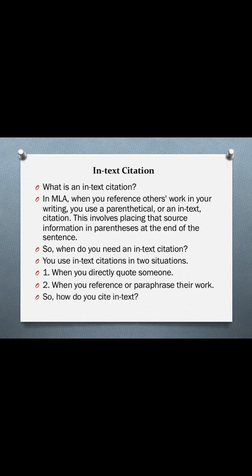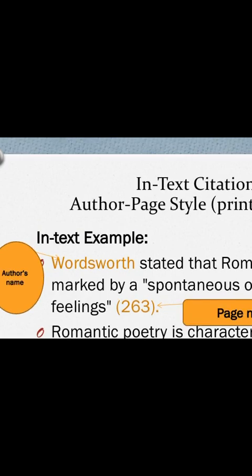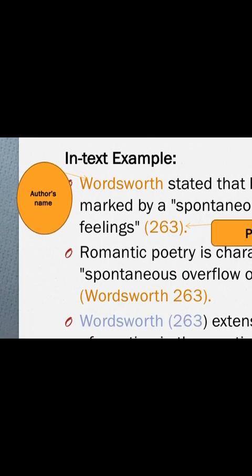So, how do you cite in text? Well, in case we have a printed source with page number and author's name, we have 3 choices to in-text citing this source. This is the first one. We start with the last name of the author.